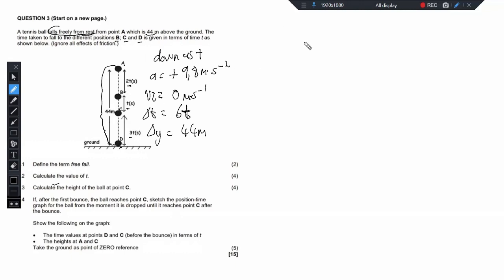So, okay, based on my data, the formula that corresponds to this is the one that says delta y equals vi delta t plus half a delta t square, right? Okay, so my delta y is 44, and then my vi is 0.